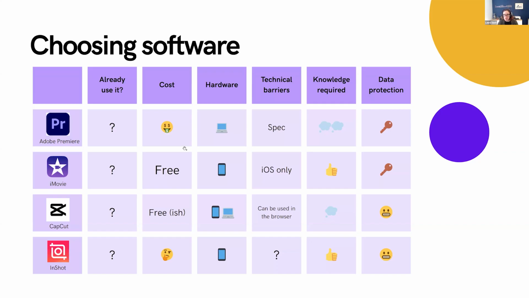It's quite expensive. You can use it on desktop computers. You need to have a relatively decent computer to be able to use it, because it will use a fair amount of RAM. And I would say it takes a little bit of getting used to, but pretty decent in terms of data protection.